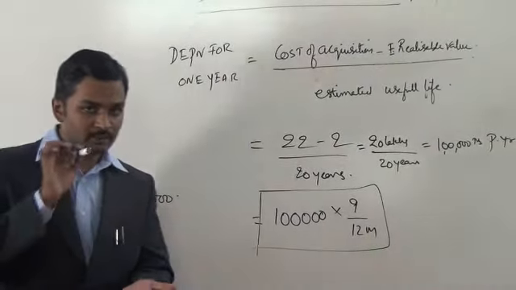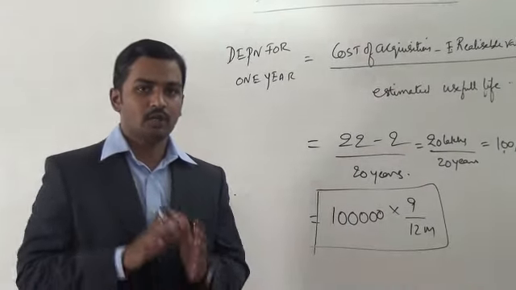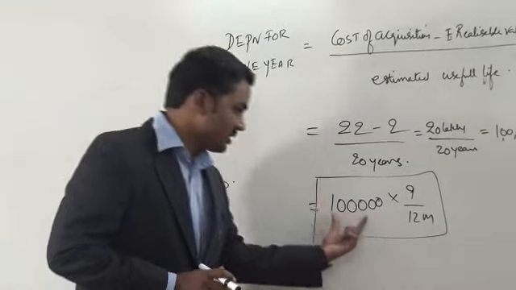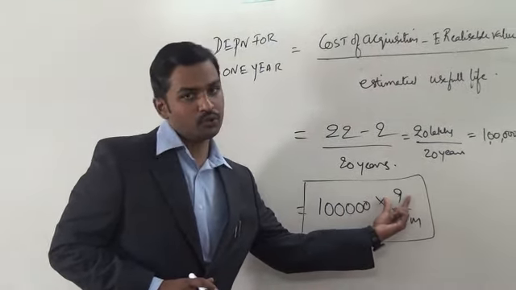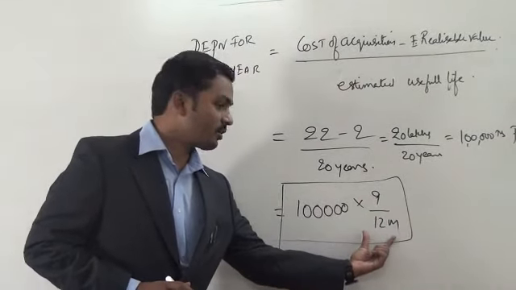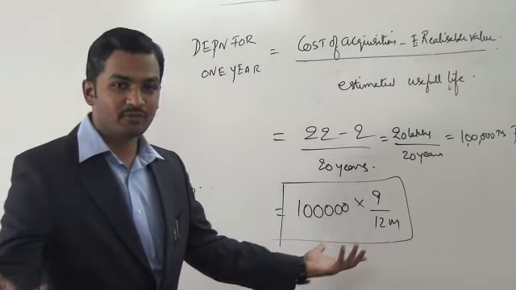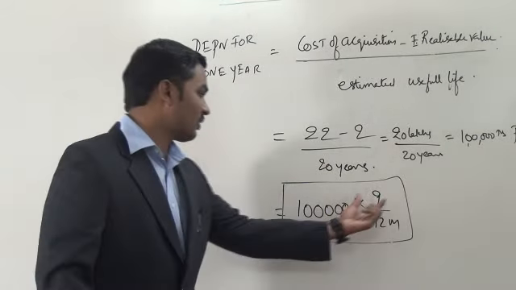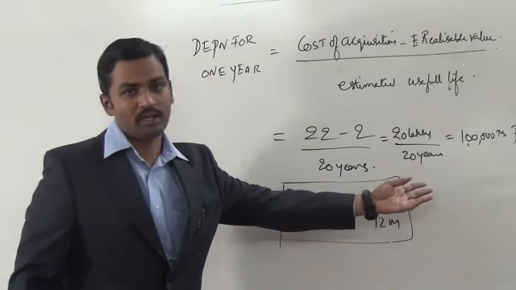You want to know what is the depreciation to be charged to the P&L account for a particular year? You have to calculate depreciation per year multiplied by number of months for which you have used the asset during the year divided by 12. Now, if you have used the machinery for full 1 year, then no problem. It will be 12 by 12. You need not do this calculation. You can simply take 1 lakh rupees.